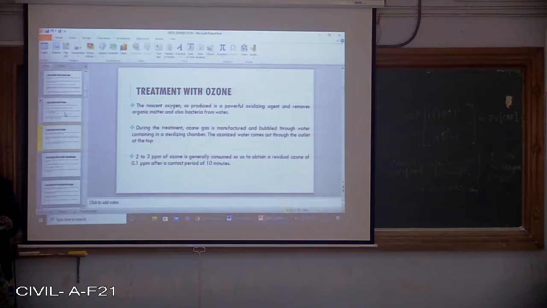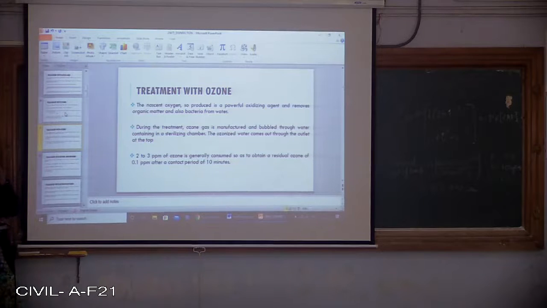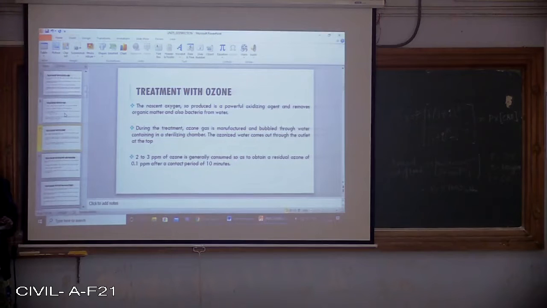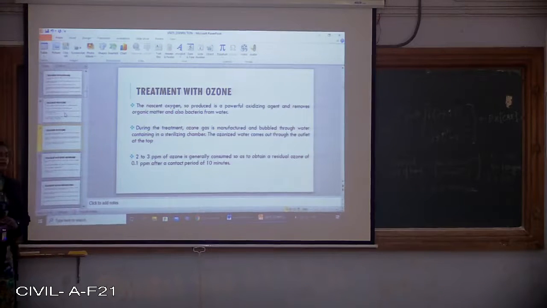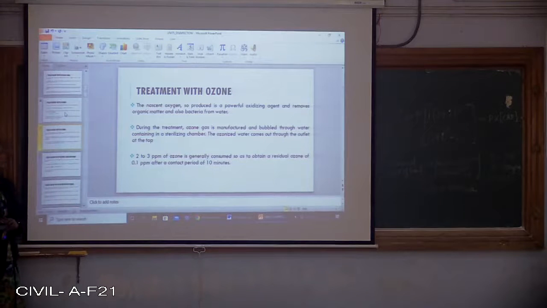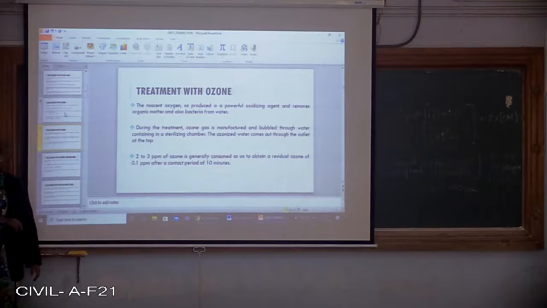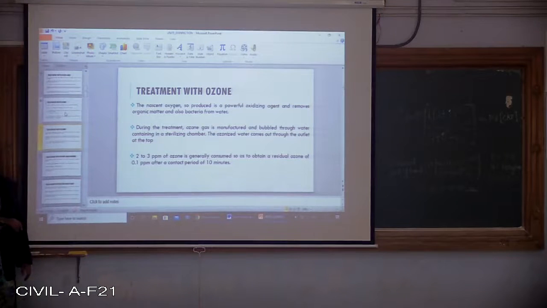2 to 3 ppm of ozone is generally consumed. The statistics say that when we treat water with ozone, approximately 2 to 3 ppm of ozone is generally consumed so as to obtain a residual ozone of 0.1 ppm after a contact period of 10 minutes.